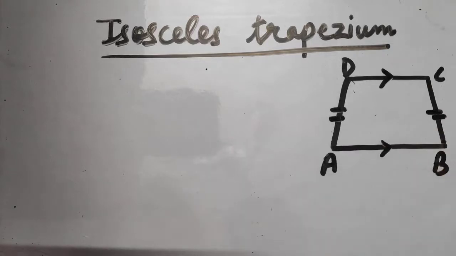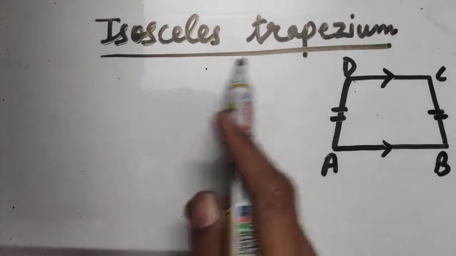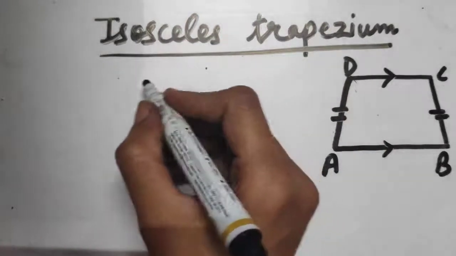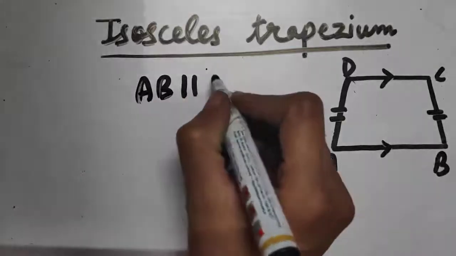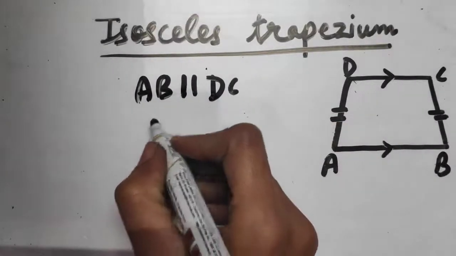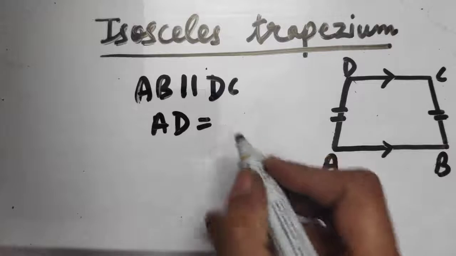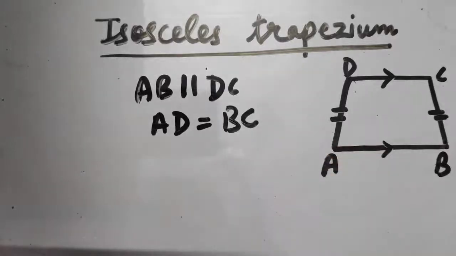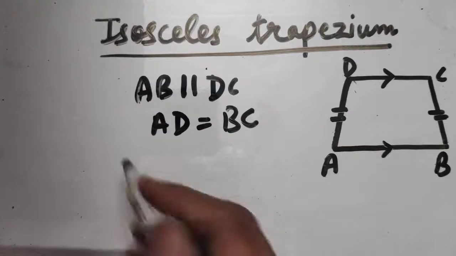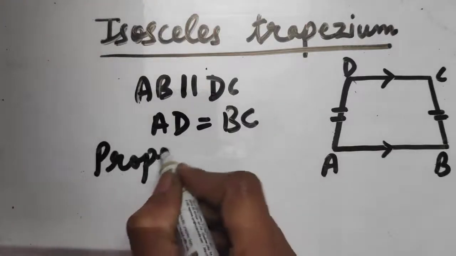As the definition goes, if two non-parallel sides of a trapezium are equal, then it is called an isosceles trapezium. So in this, AB is parallel to DC and AD and BC, these are the two non-parallel sides, so these are equal. Now let us see the properties of an isosceles trapezium.